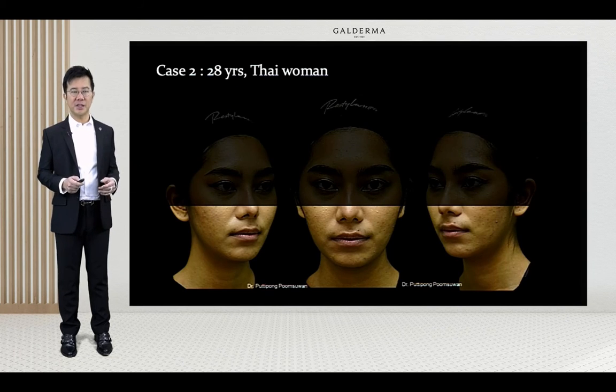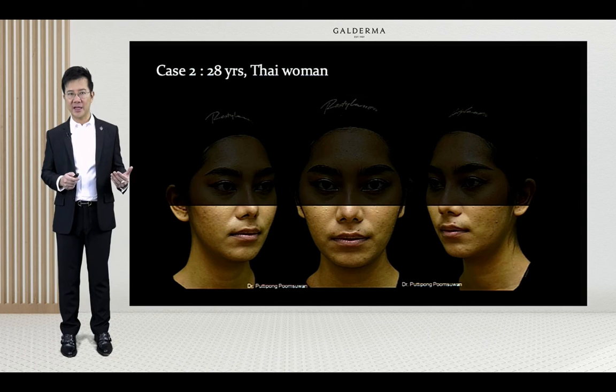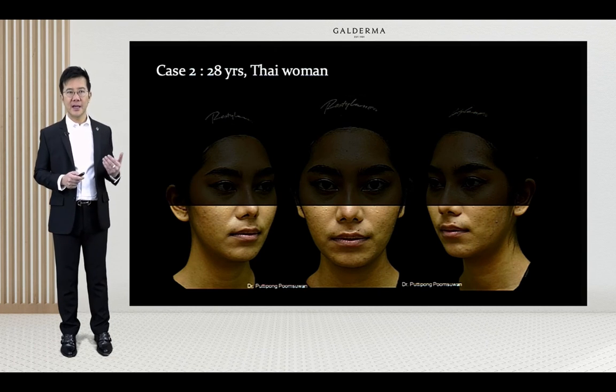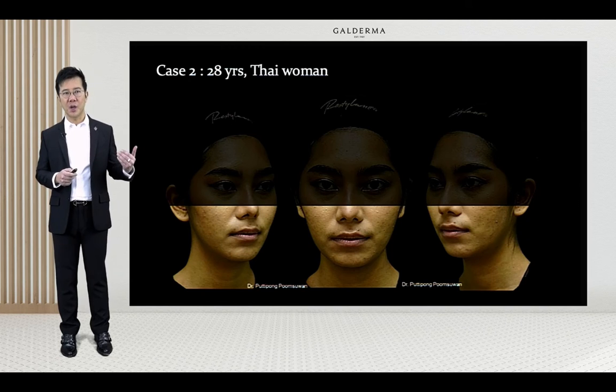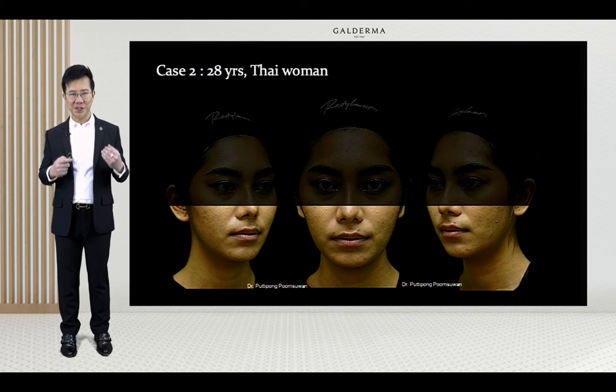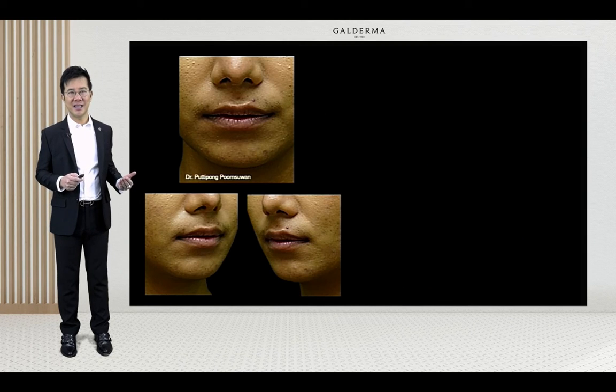The last case is a 28 years old Thai woman who wants to look more attractive and correct unhappy appearance. Her beauty preference is similar to the previous one. A younger generation wants something more noticeable for their beauty.